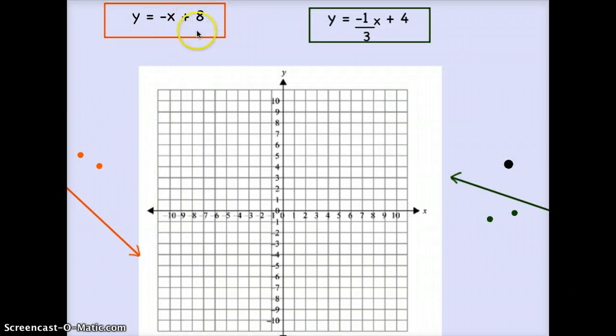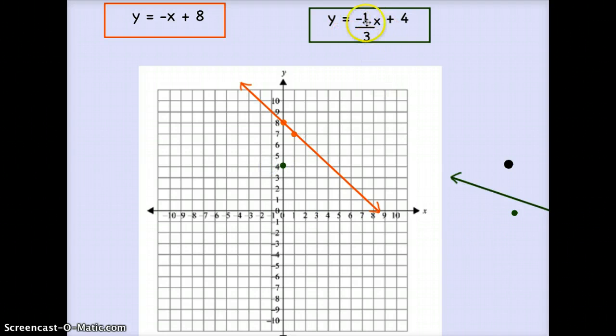So here our y-intercept is 8. So let's plot 8. Our slope is negative 1, which means we're going to go down 1, that's our rise, and to the right 1, that's our run. So down 1 to the right 1, there's our 2 points. Draw the line. And in our second equation, our y-intercept is 4.